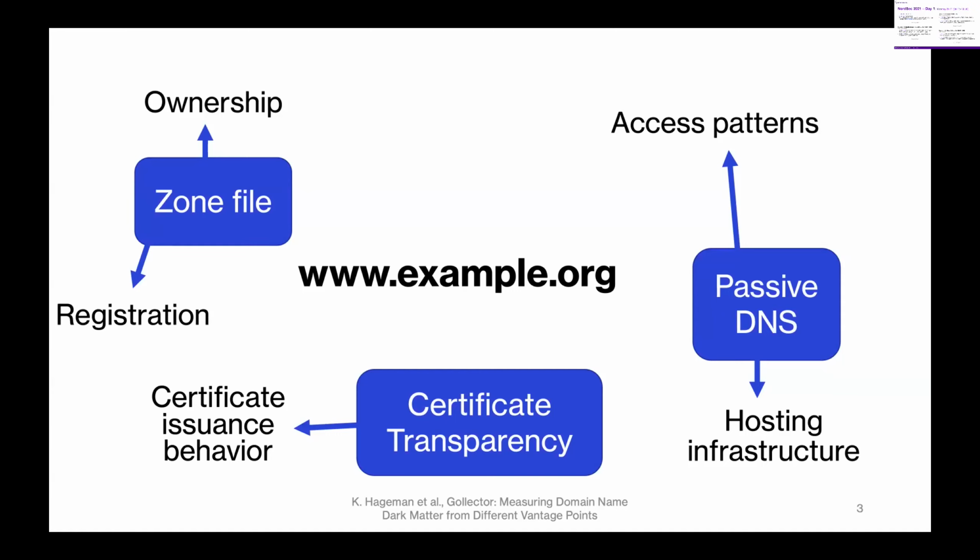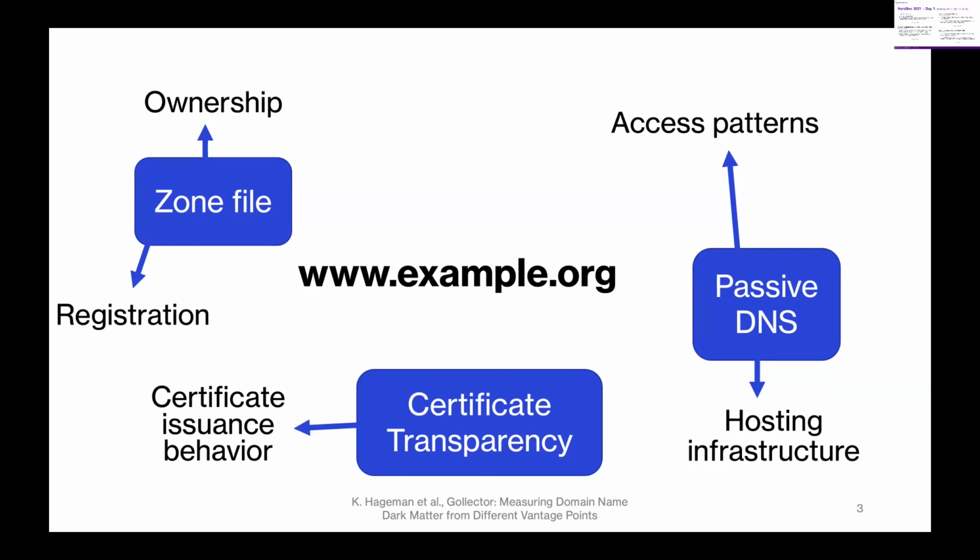Then on the right we have passive DNS, the passive collection of DNS traffic, which allows researchers to observe the access patterns for a particular domain name, from what geographical locations a domain name is being requested, who is interested in visiting this domain, all the way to the hosting fraction of DNS. What is the IP address that hosts a particular domain?